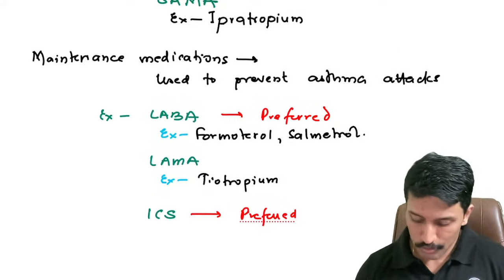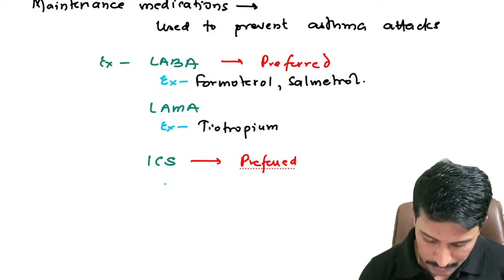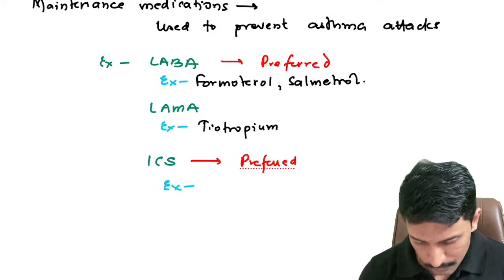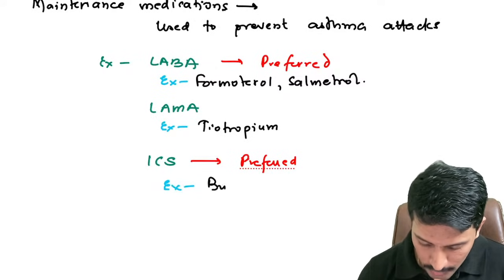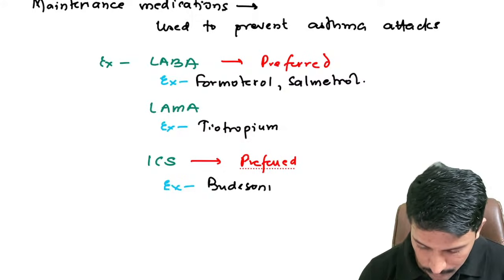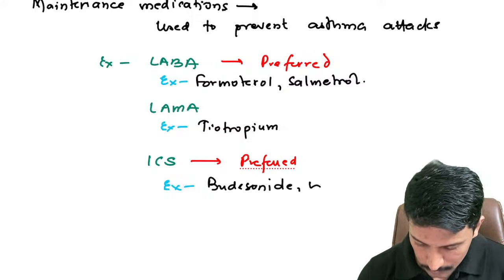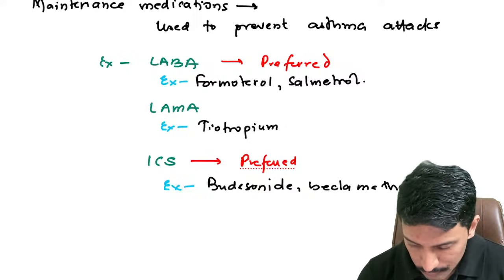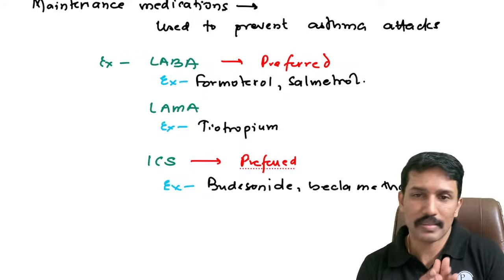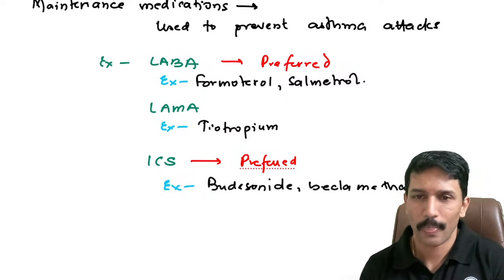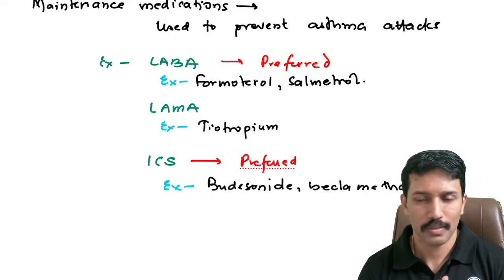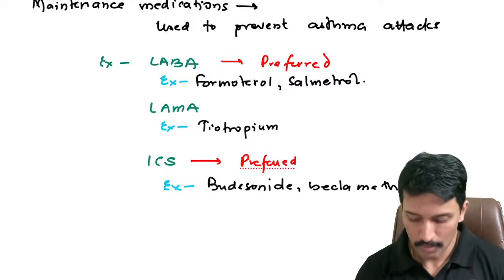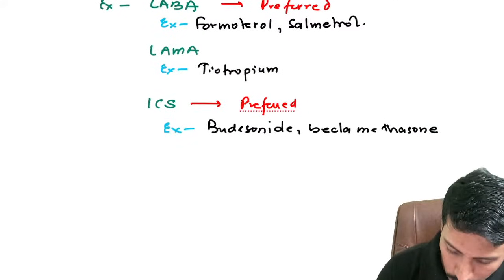And inhaled corticosteroids that can be used, examples: you have budesonide, beclomethasone. These are all inhaled corticosteroids. These drugs are considered the pillars of management of asthma.